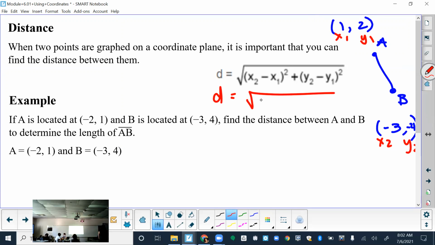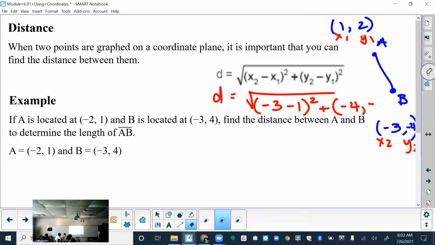So here's the square root symbol. x2 we said is -3 minus x1, so -1 squared, plus y2, which is -4 minus y1, which is 2. All right, so that's what it looks like plugged in.